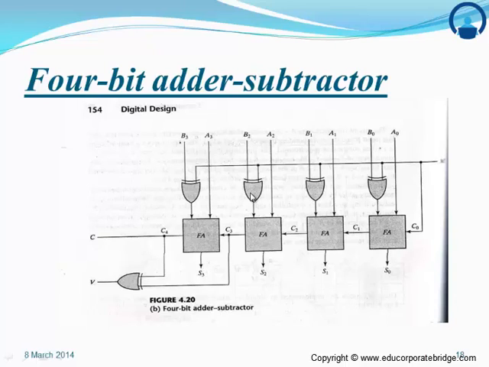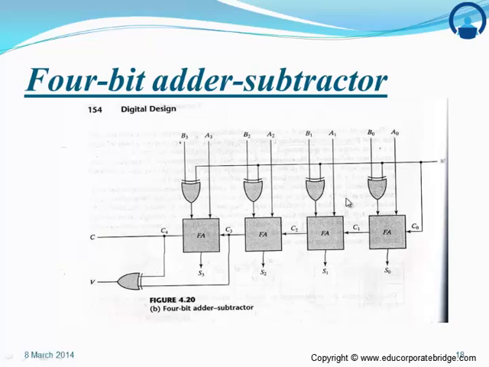That is, if one of the inputs of the XOR gate is 1, the output will be the inverted output of the second input. For example, let's say A is equal to 1 and B is equal to 0. Since one input A is 1, the output of the XOR gate will be the inverted or the complement of the second input, which is B.